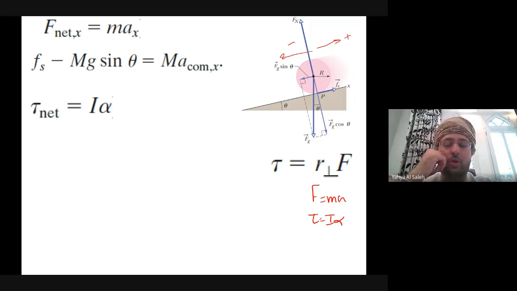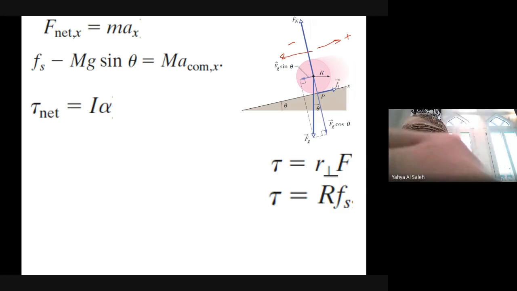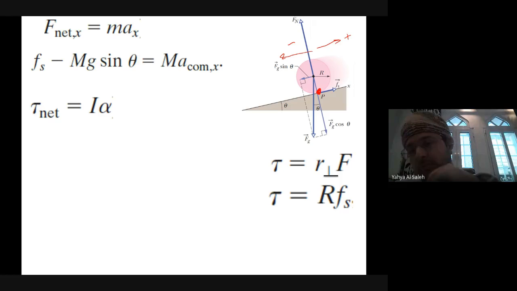Okay. Torque is also RF. And my only force that is acting at this point is friction. So my R is my radius, capital R. And my force is friction.